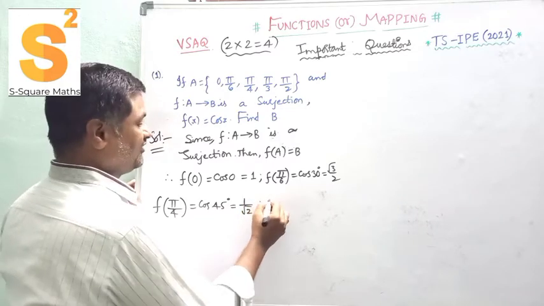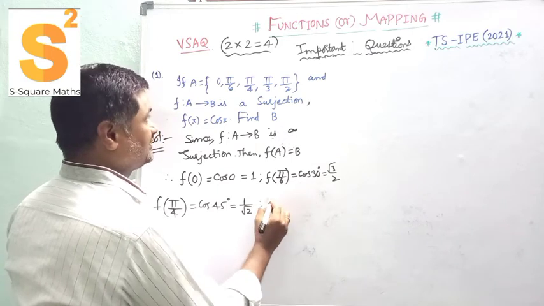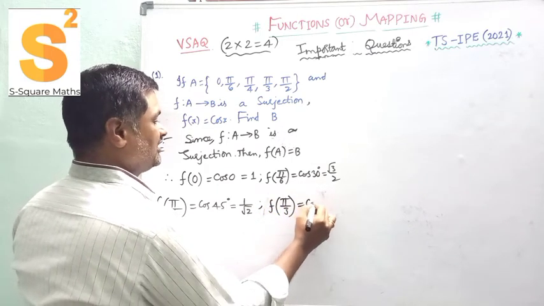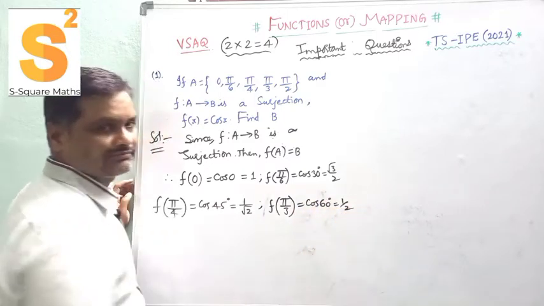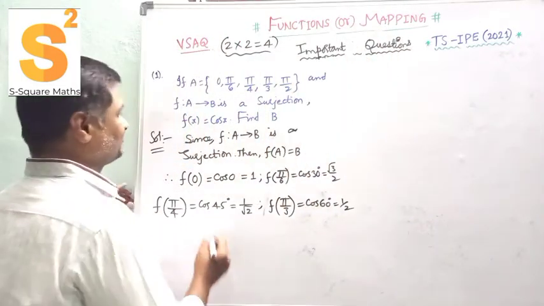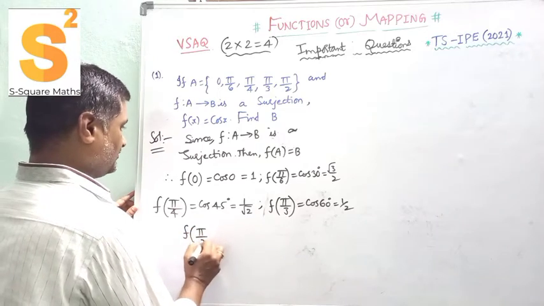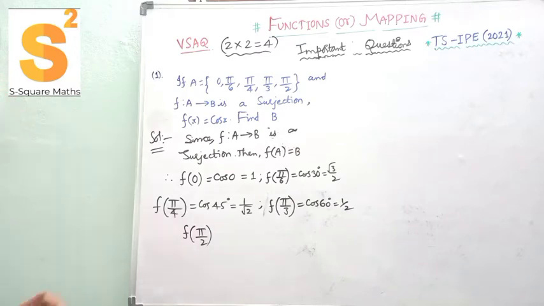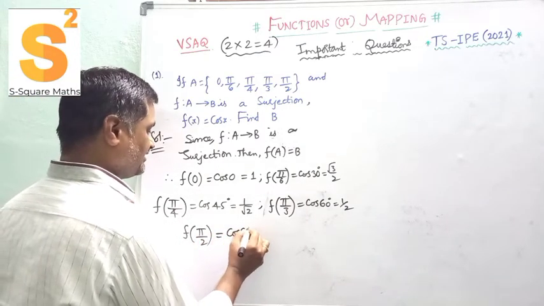Next f of pi by 3: cos pi by 3 is cos 60 degrees, which is 1 by 2. Finally, last but not the least, f of pi by 2: cos 90 degrees is 0.